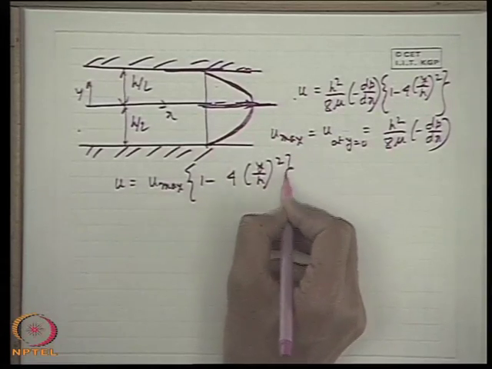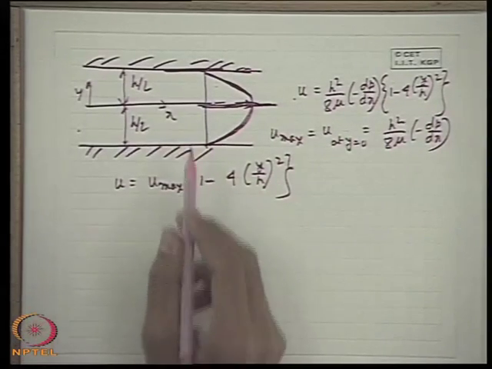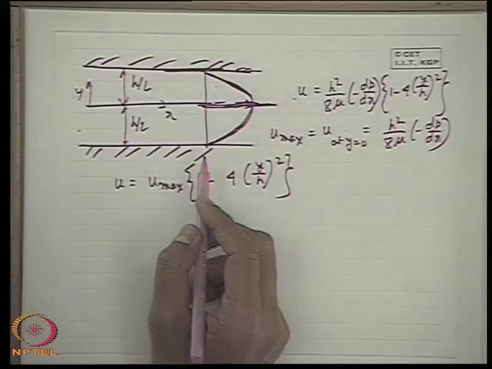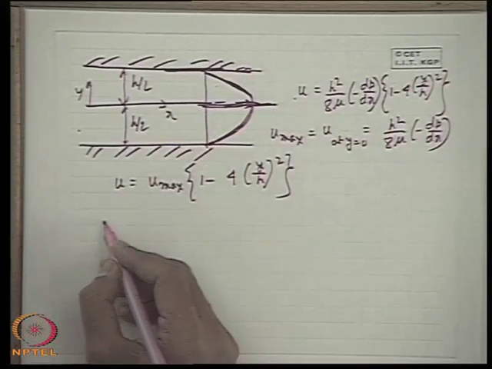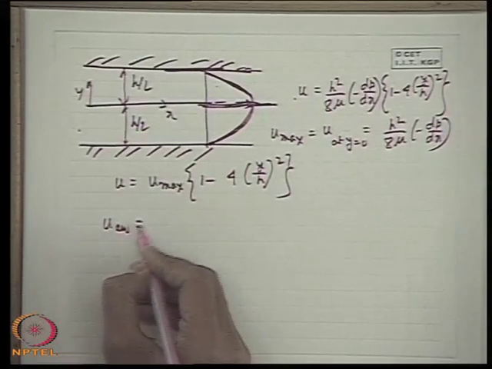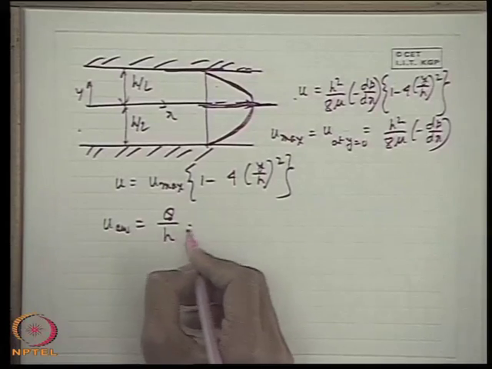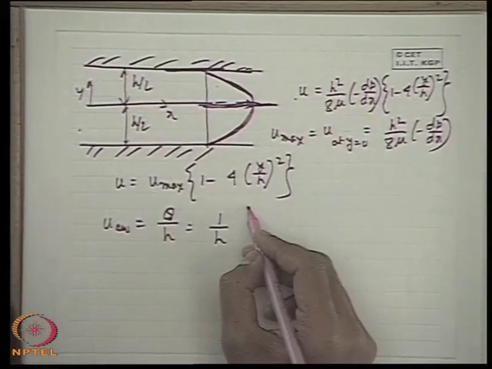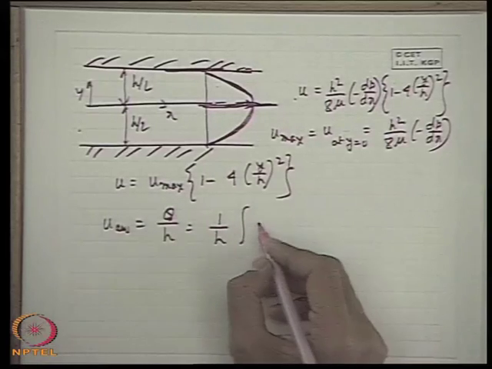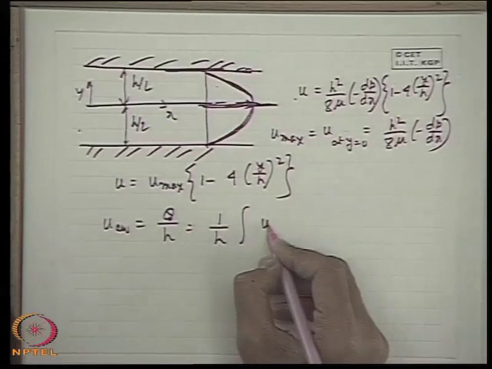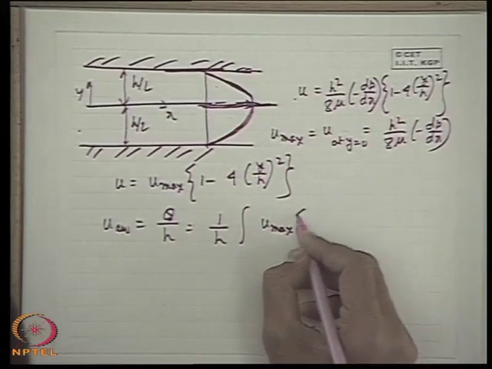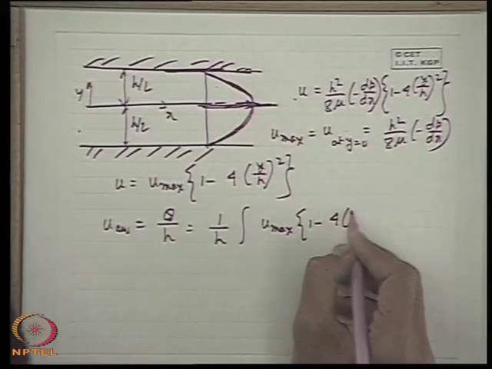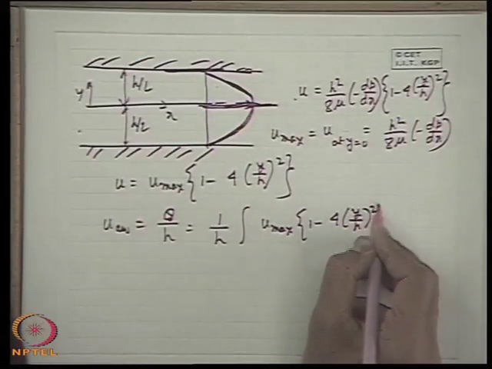Now, if we want to find out the average velocity from the flow rate in a similar fashion, u average is equal to q by h, that means 1 by h times Q. Q means the flow rate, which can be found by integration of u dy, that means u max, I just put the expression of u, dy.